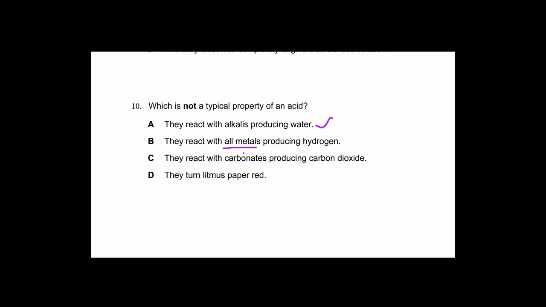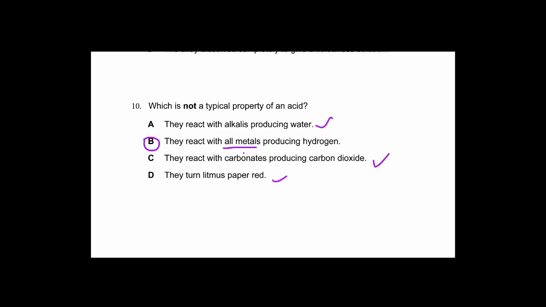C, they react with carbonates producing carbon dioxide. This is true. D, they turn litmus paper red. This is a property of every acid. So the answer, which is not a typical property of an acid, is B. Not all metals react with acids.